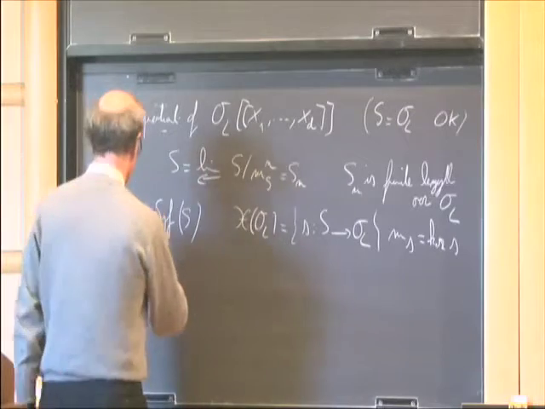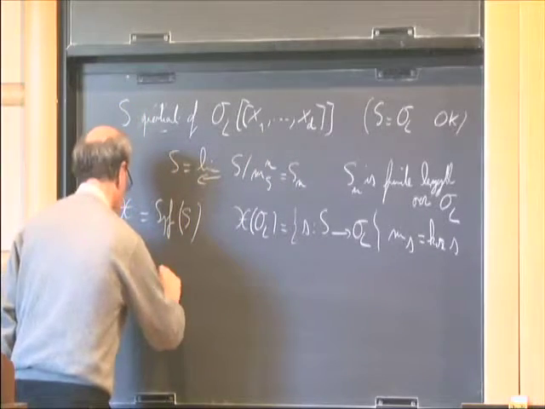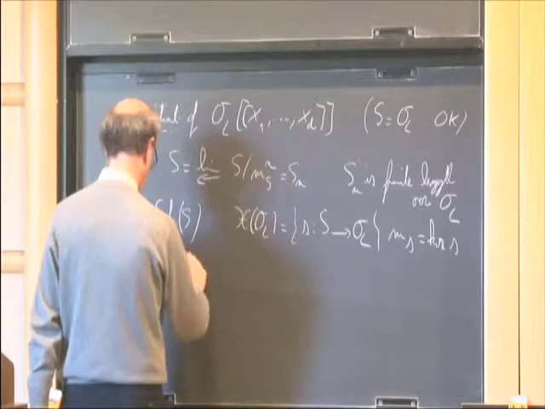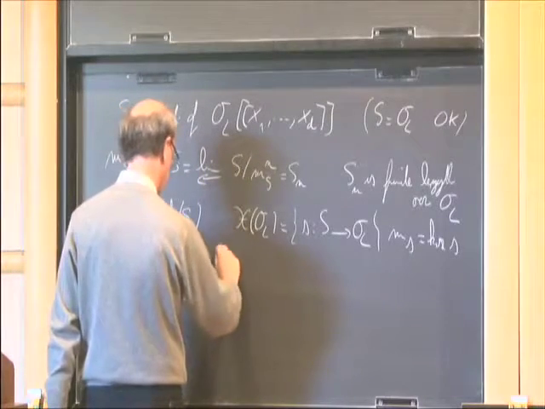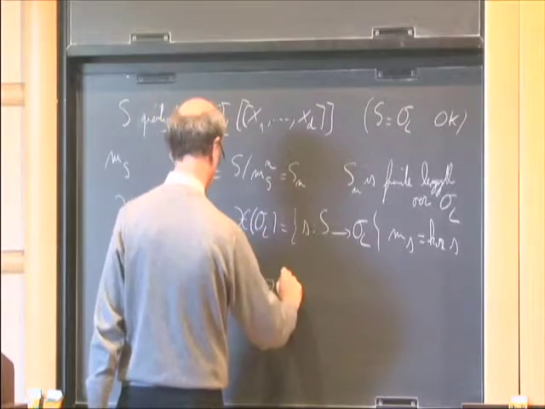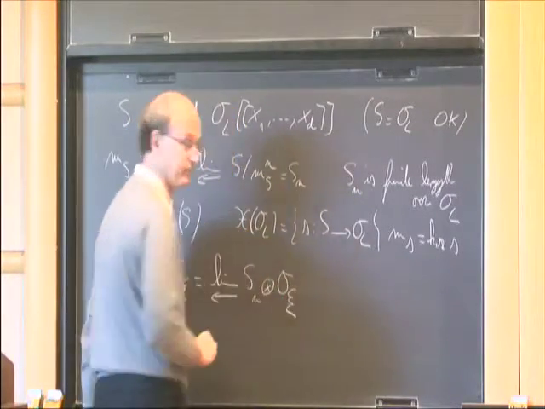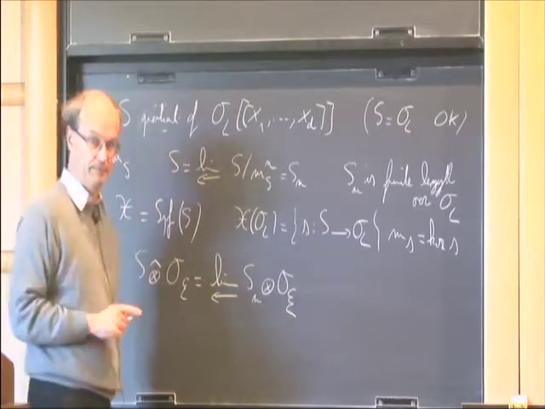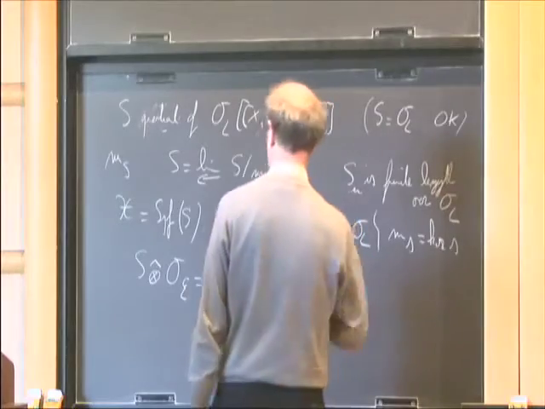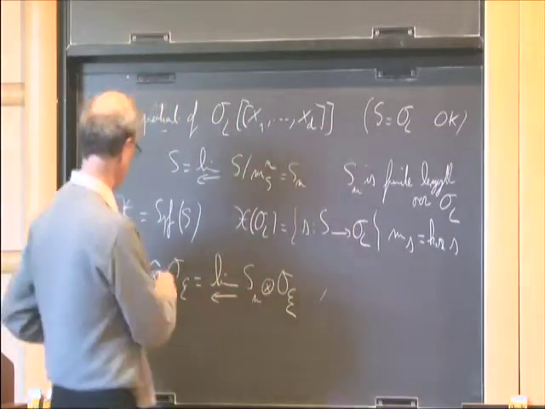So now you extend scalars. So you take the completed tensor product of S with our ring OE. So you define it to be the projective limit of the Sn tensor OE over OL. Okay, and so you have a Frobenius, because you have a Frobenius here.